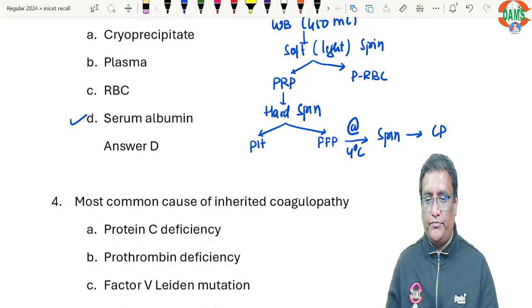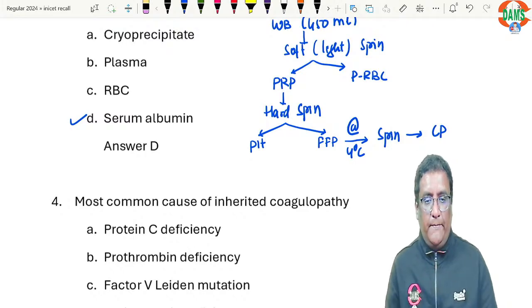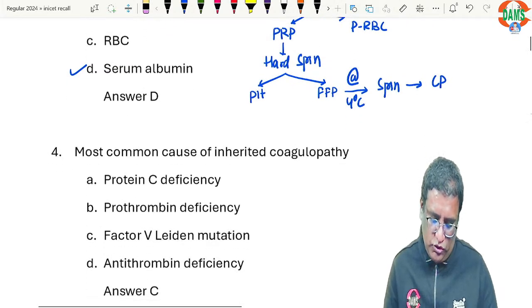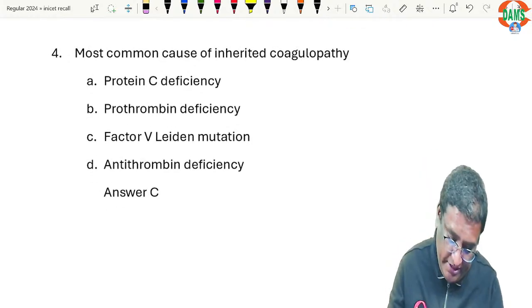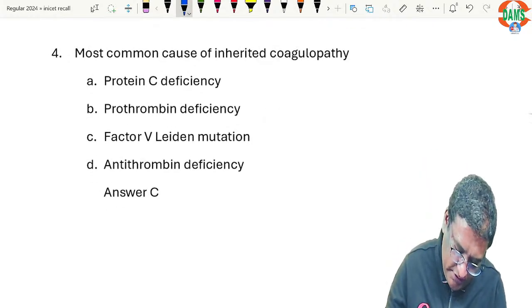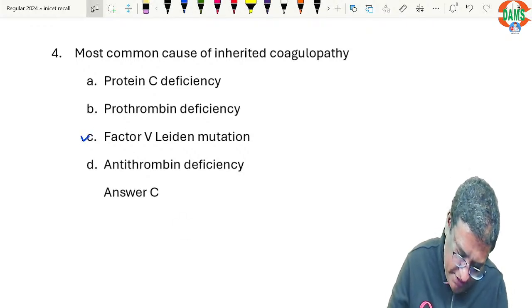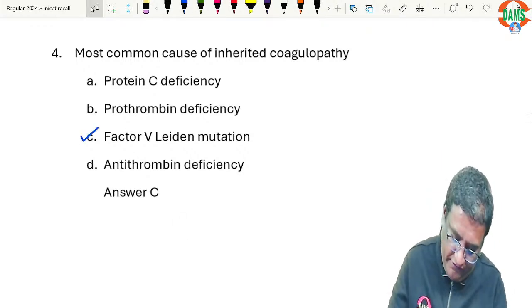Next, the most common cause of inherited coagulopathy. Again, we discussed this many times in the class. The answer is factor 5 Leiden mutation. What happens in factor 5 Leiden mutation?